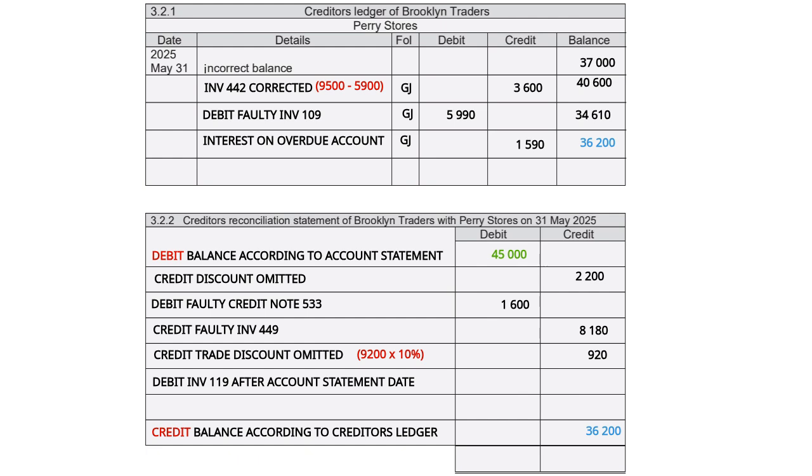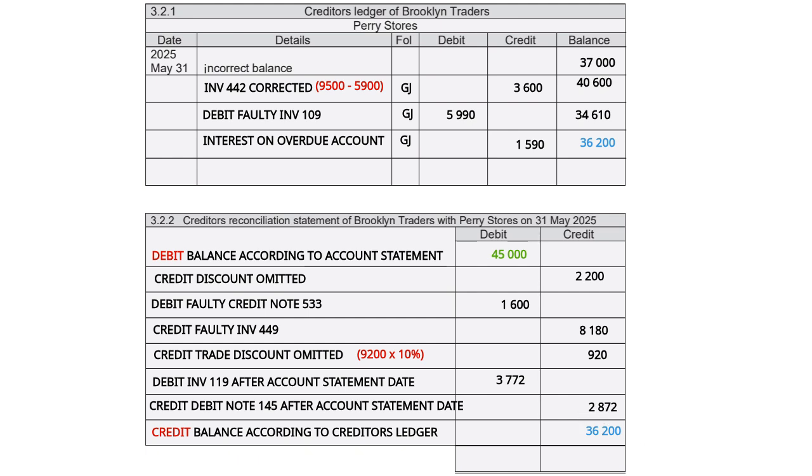And it's for 3772. And then you're also going to say credit debit note 145 after account statement date. And the amount is 2872 in the credit column.